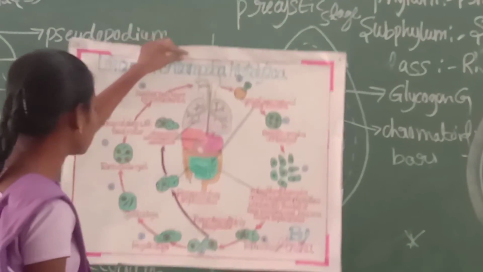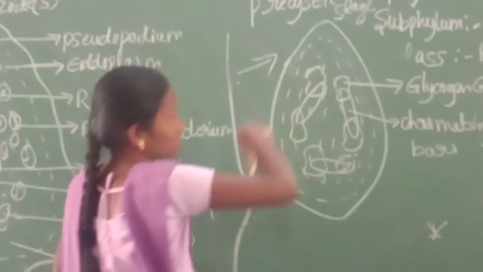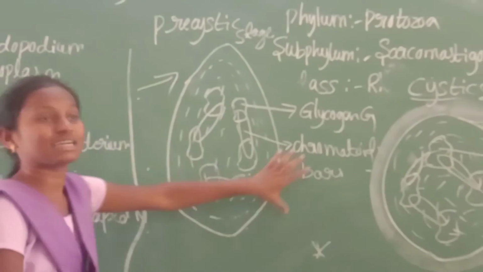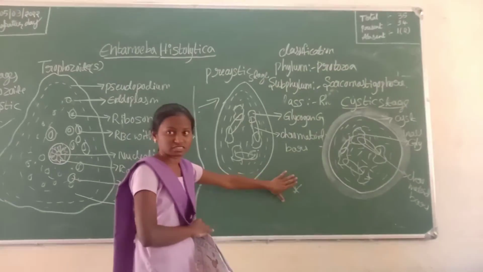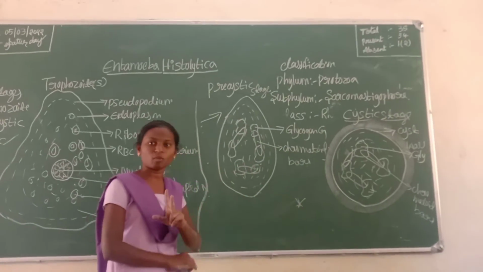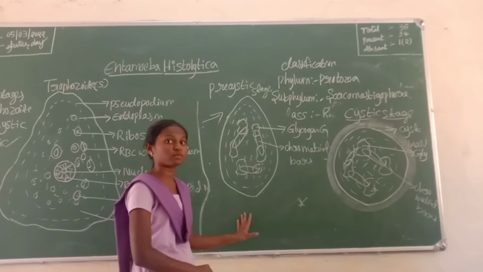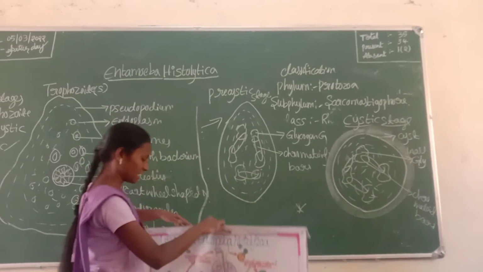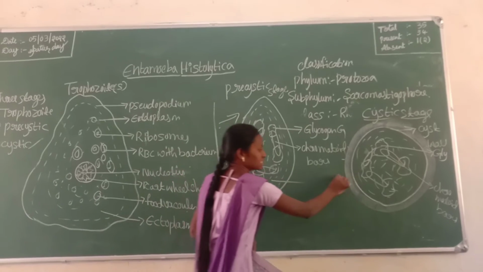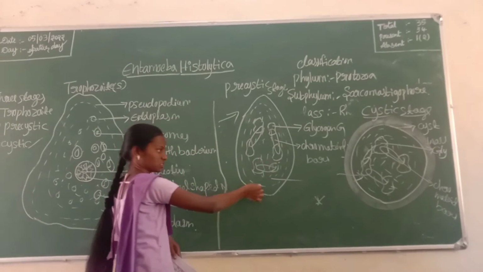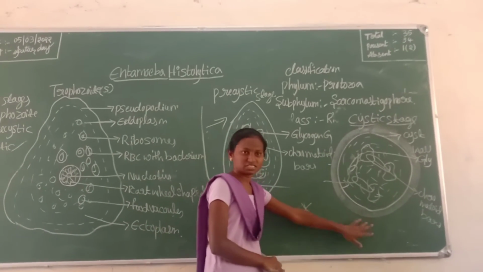This is the pre-cystic stage. Only glycogen granules and chromatid bars are present. The two binary fission products form the pre-cystic stage, and after the pre-cystic stage it enters the cystic stage.